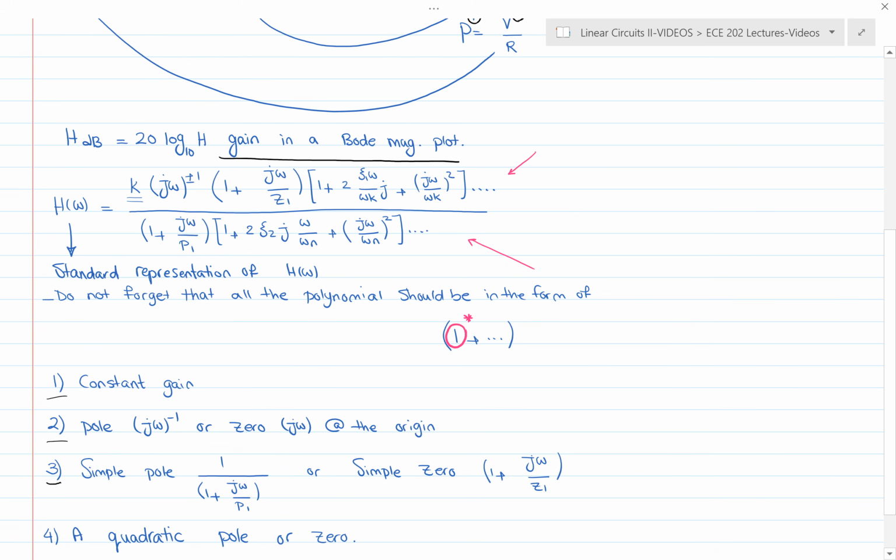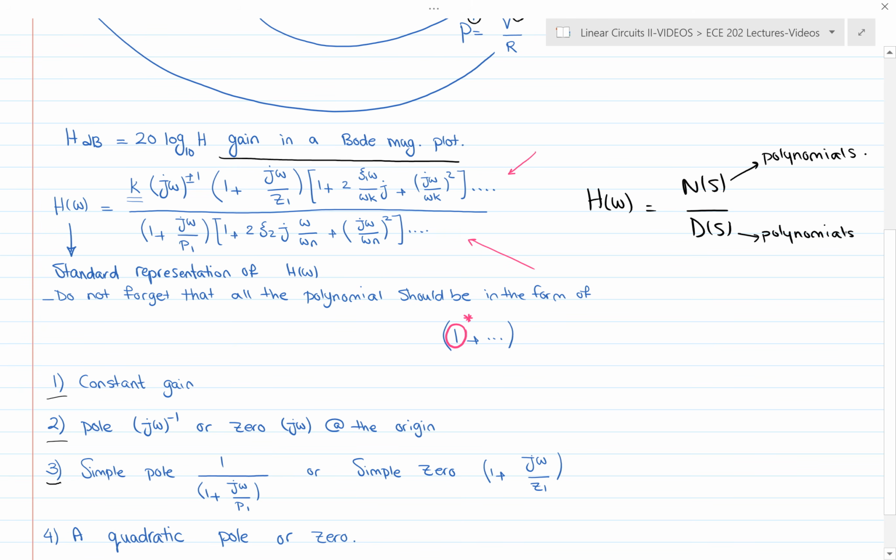First of all, here I'm going to show you the standard representation of the transfer function. Every transfer function, you remember that I told you in class, has a numerator over a denominator, right? And each of these are some polynomials, correct? So we have some polynomials in the numerator and some polynomials in the denominator.